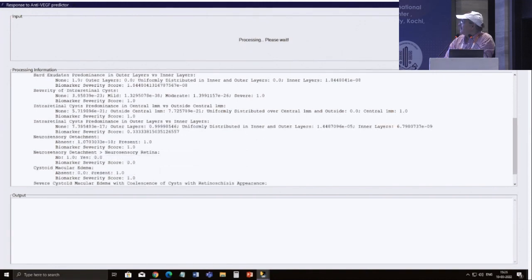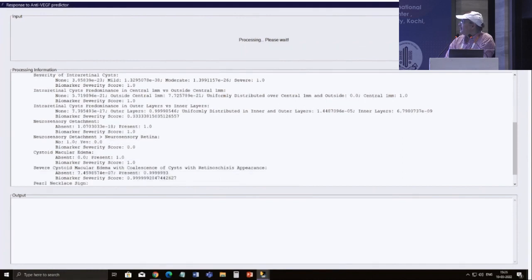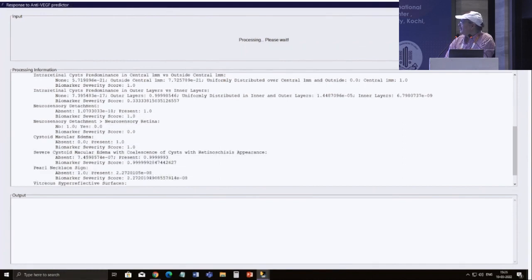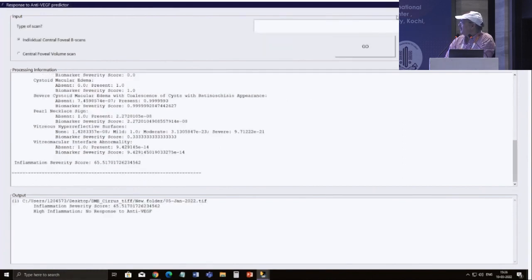So these are the criteria for hard exudates, intraretinal cyst, microaneurysm, cystoid macular edema, and an inflammation score of 65 is generated, which predicts that severity is very high and this may not respond to anti-VEGF. So that is one interesting outcome of this entire big exercise.